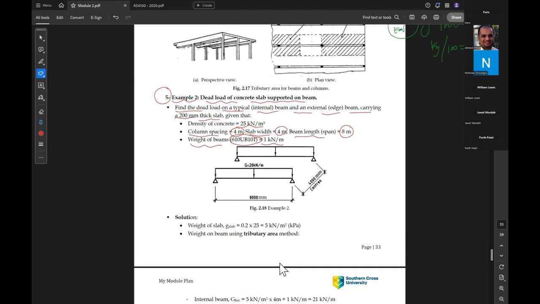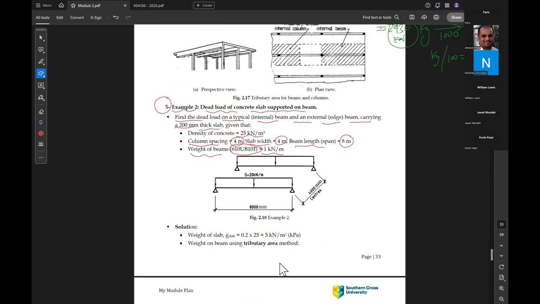Okay, so first of all, we don't have the weight of the slab, or self weight of slab. So how much is the slab self weight? The thickness is again 200, so 0.2 meter times gamma concrete, 25 kilonewton per cubic meter, so it will be 5 kilonewton per square meter.